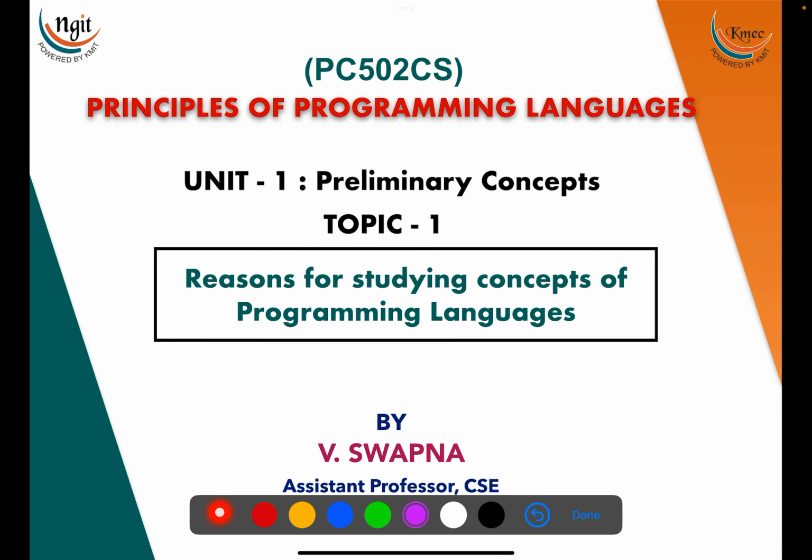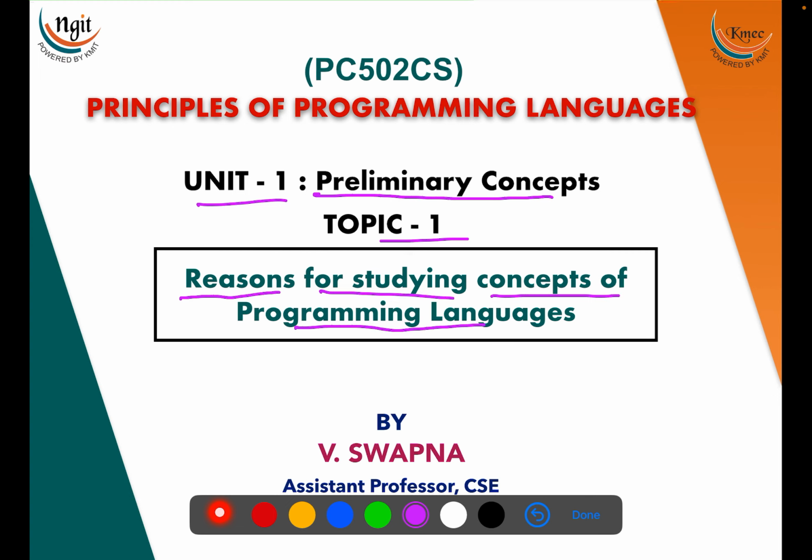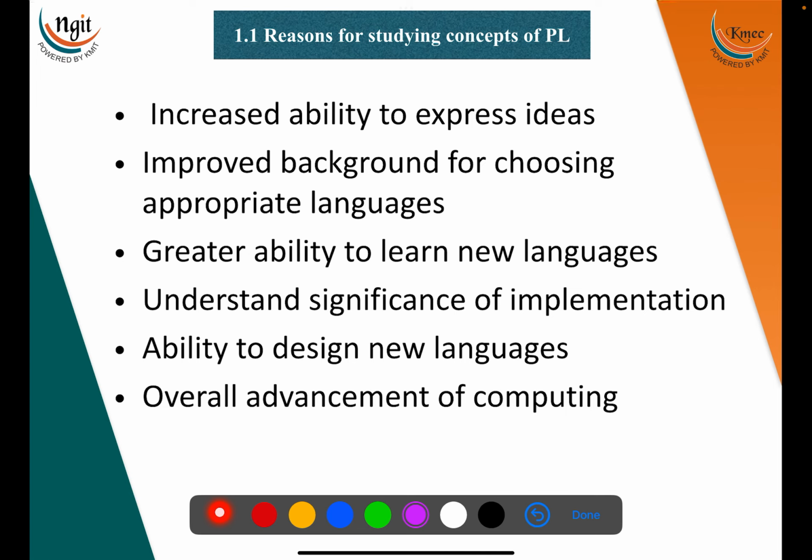Now here we go with Principles of Programming Languages, Unit 1, Preliminary Concepts. In that, the first topic is about reasons for studying concepts of programming languages. Interesting topic it is, because this is the foundation topic to understand the reason why you have to study different concepts of programming languages.